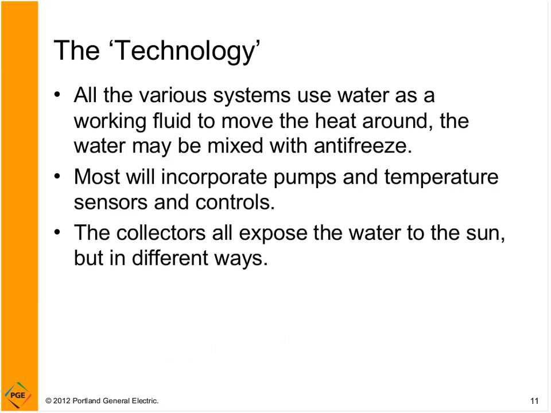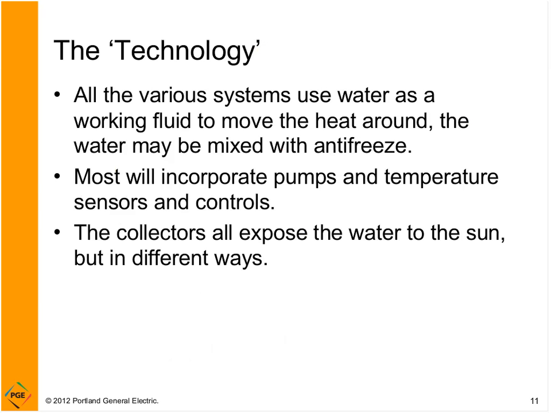Most modern systems will incorporate active elements, in other words, pumps, valves that move back and forth automatically, things that are powered by motors, and a lot of temperature sensors and controls to manage the system. There are passive systems that utilize just the difference in the density of hot water versus cold water to circulate water without pumps, but those are pretty rare.